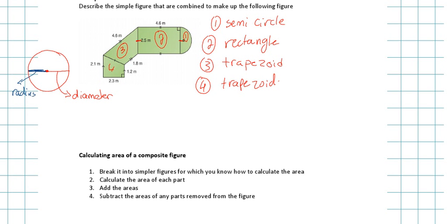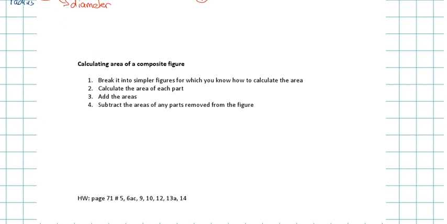Because my formula says pi r squared, that means I have to take half of the diameter, which is half of 2.5. That's 1.25. So the first one is pi r squared, where R is 1.25.